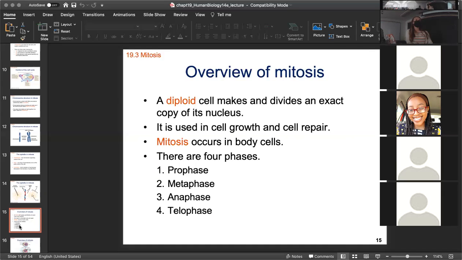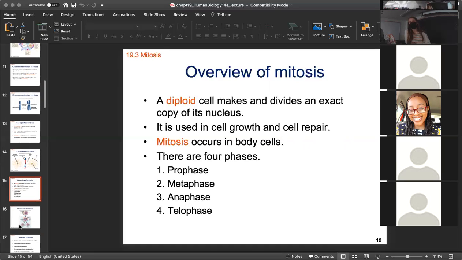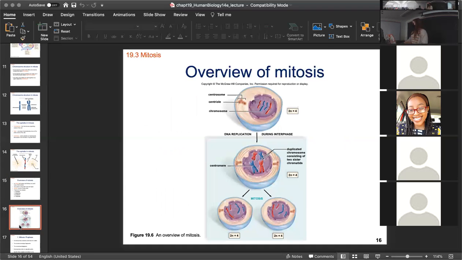You get a little cut on your finger, your skin cells are going to mend the finger. Yes, you may have some scar tissue, but there are cells being created there. There are 4 phases: prophase, metaphase, anaphase, and telophase. And this occurs in all body cells except for your sex cells.